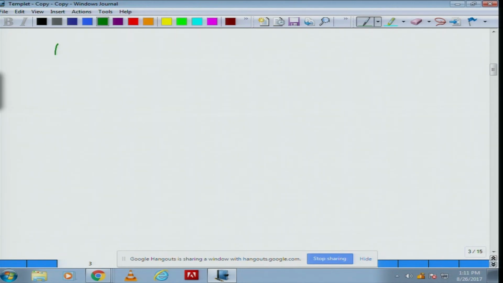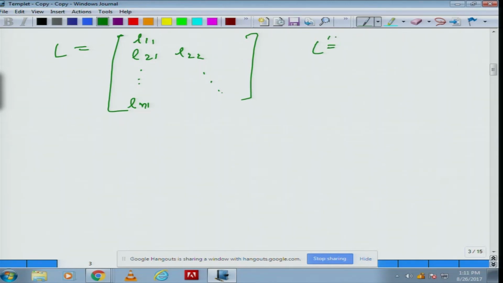Now, taking a general L to be L11, L21 up to Ln1, similarly L22 and so on, and L inverse can be similarly taken to be L11 dash, L22 dash, L21 dash, and similarly the entire matrix. Now here we have zeros and here we have zeros.